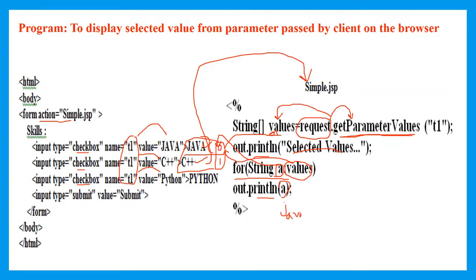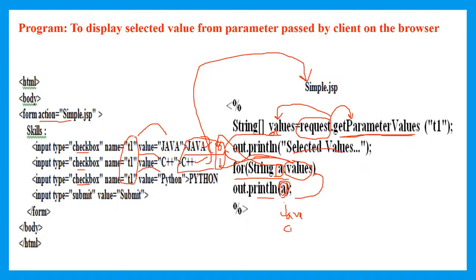Now the control comes back to the for loop. Now values is pointing to the second index position, that is C++, and the value is assigned to A. Now A is pointing to C++. Now I am printing the result by making use of the println method, printing the value of A, that is C++.